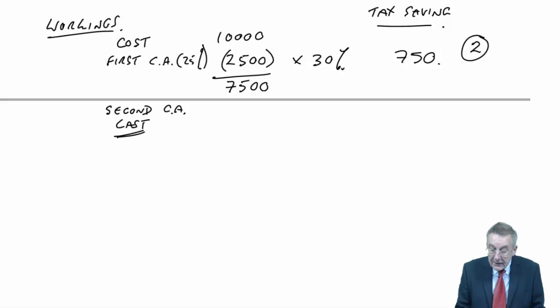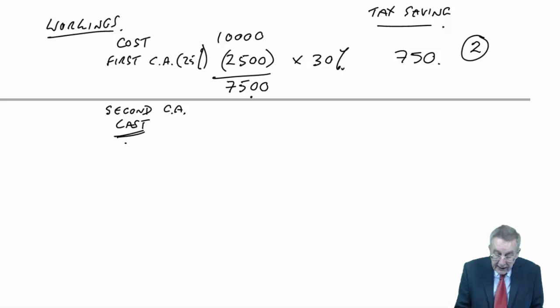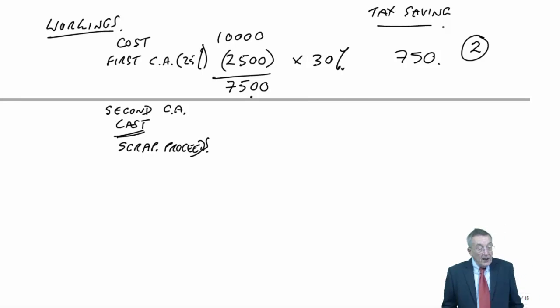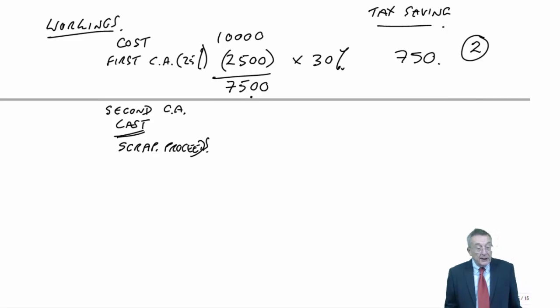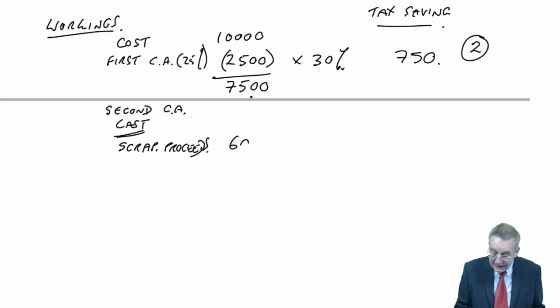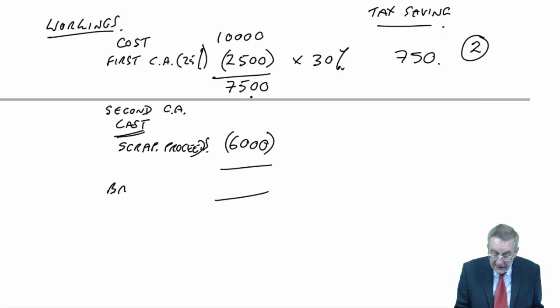All we do is subtract from the tax written down value the scrap proceeds, which in this case, what are they? We're going to sell at the end of the second year for 6,000. And whatever's left is here what we call a balancing allowance.